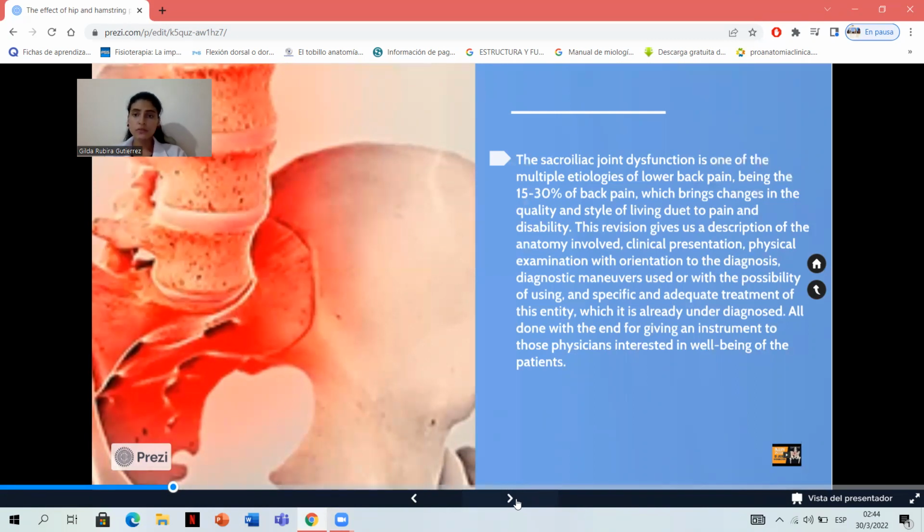These revisions give us a description of the anatomy involved, clinical presentation, and physical examination, with orientation to the diagnosis. Diagnostic maneuvers are used with the possibility of using a specific and adequate treatment of this entity, which is already under diagnosis.